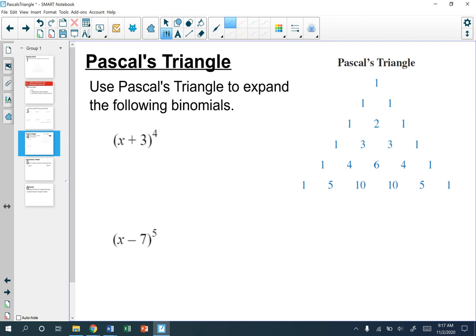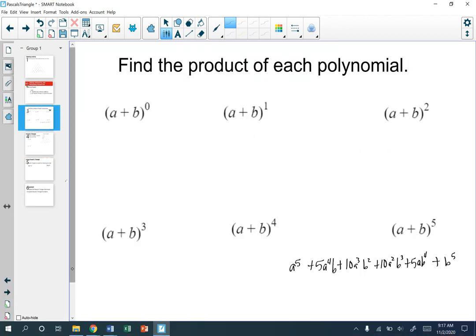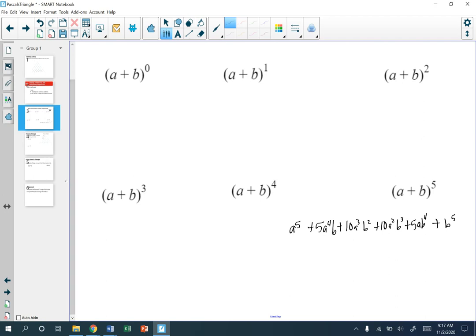So for example, this would be a plus b to the 0, a plus b to the first, a plus b to the second, so on and so forth. And I'm going to show you how that works here right now. So I'm going to go ahead and use Pascal's triangle to expand a plus b to the third.